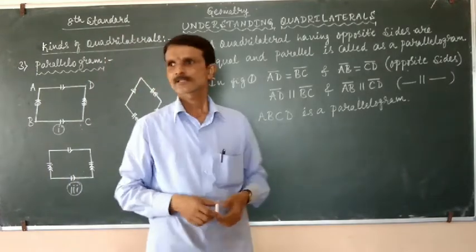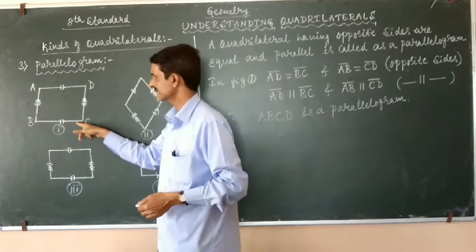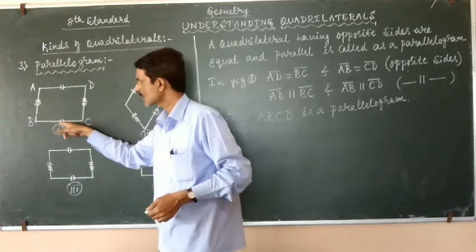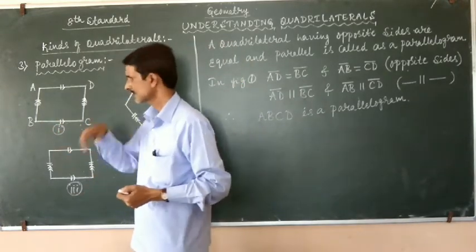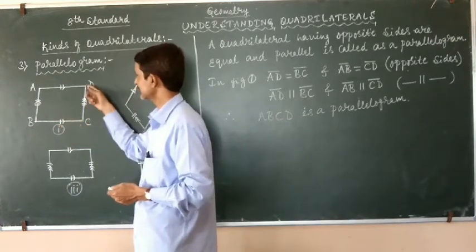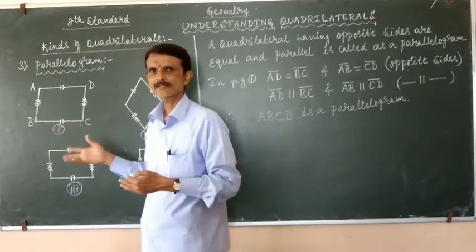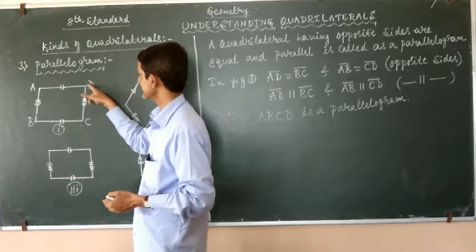Then, if you observe these sides, AB and BC, these two are called adjacent sides. Similarly, can you tell me the next adjacent sides? BC and CD are the adjacent sides. Which are the next adjacent sides? CD and DA.